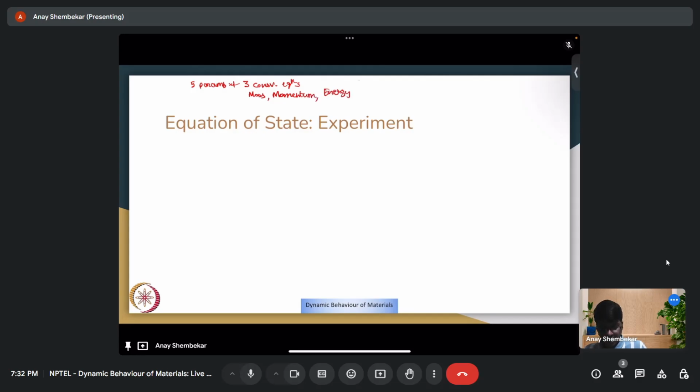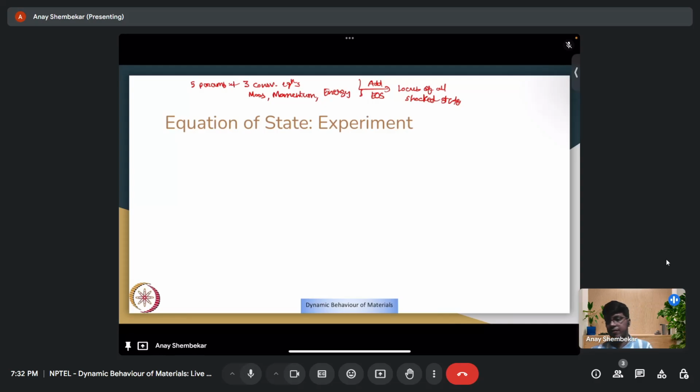So we add EOS to this mixture to get a locus of all shock points based on some initial state, say P naught, V naught, and so on. So this equation of state is fundamentally important in that sense.